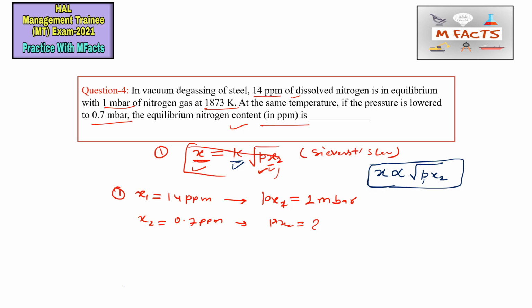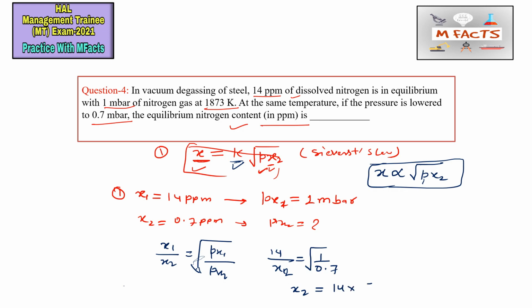From here we get one relation: x1 by x2 is equal to the square root of p_x1 upon p_x2. We put in the values and get the answer. So x2 will be 14 multiplied by the square root of 0.7, and this value will be 11.71.